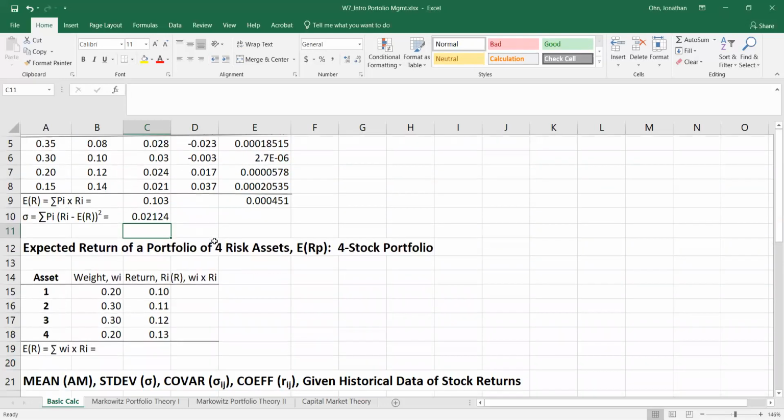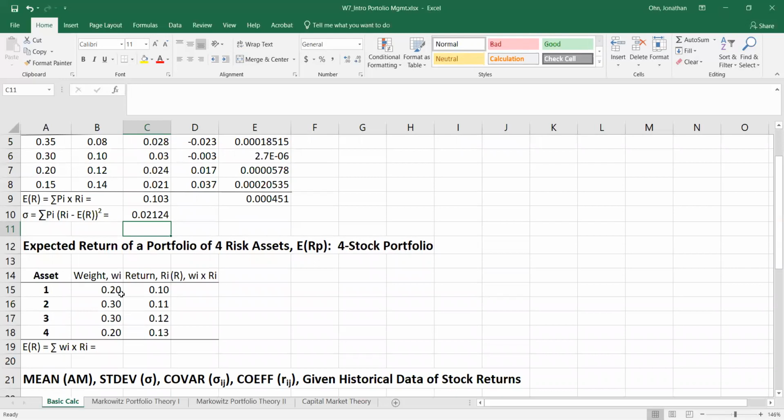Now suppose our investment portfolio includes 4 risky assets: asset 1, asset 2, 3, 4. We have weights: 20% of asset 1, 30% of asset 2, 30% of asset 3, and 20% of asset 4.